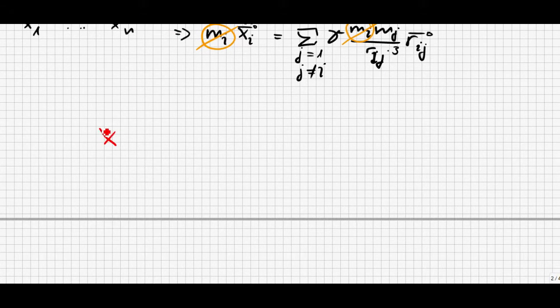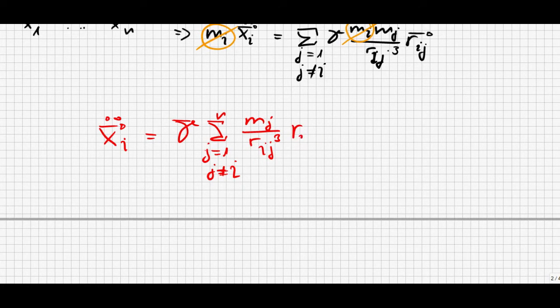And we end up with our final result. That is that the acceleration of our ith particle is equal to gamma times the sum of j equal to 1 till n, where j is unequal to I, of mj over rij to the third power rij vector.